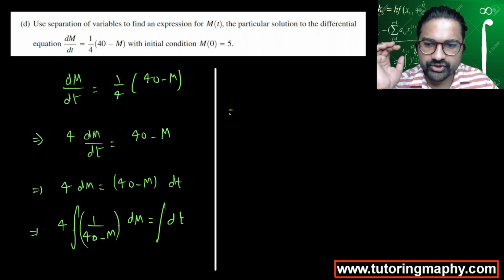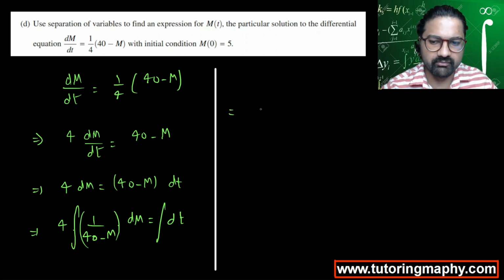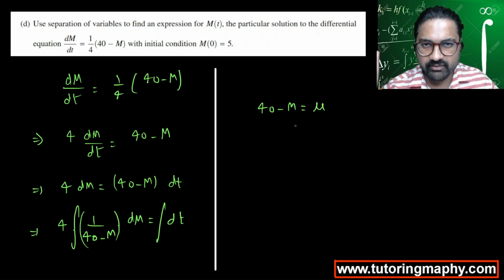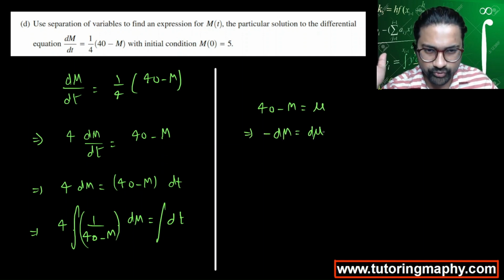So what is the integration of 1 over 40 minus m? If you cannot figure it out right away, obviously that's going to be log. But if you are getting a little bit confused, use a u substitution. It doesn't harm. So 40 minus m is u, which means that minus of dm is du, which means that dm is negative of du.